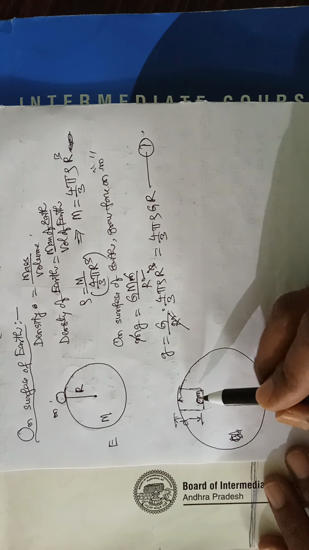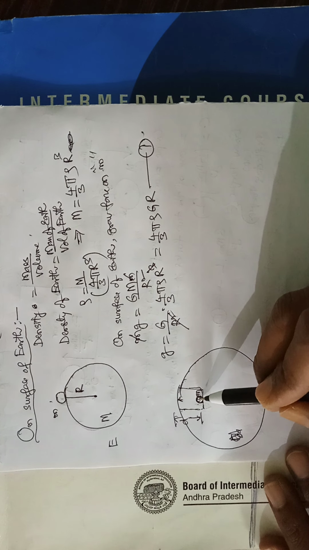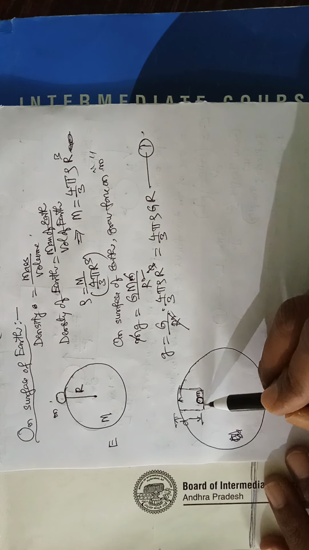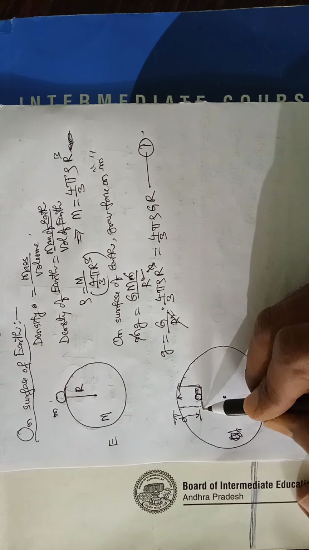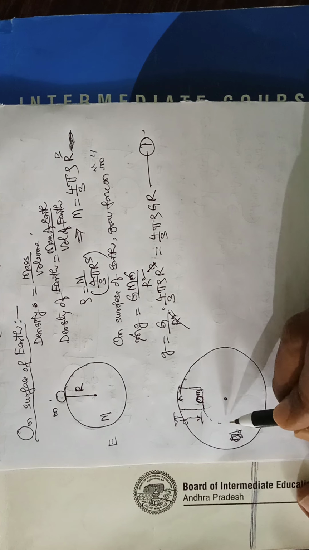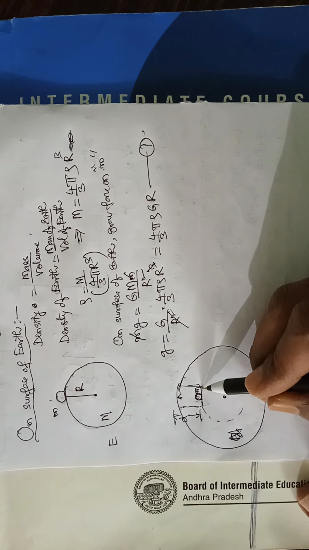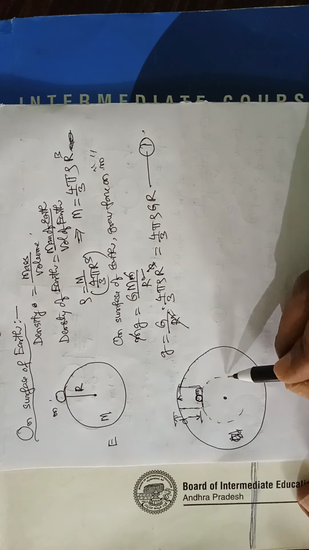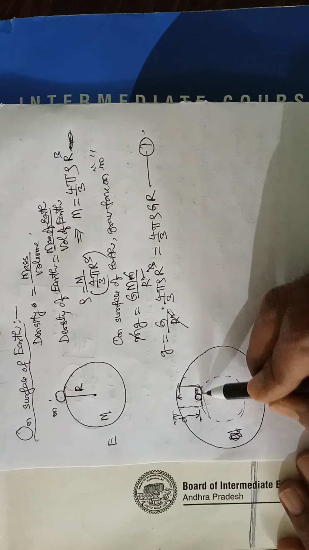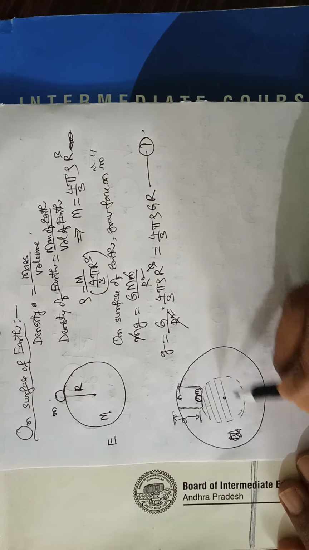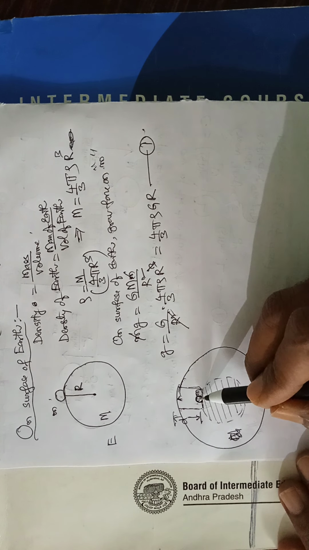Now this mass is attracted by the earth part which is under it. So the earth part under it is this much. So this earth part only attracts this mass.